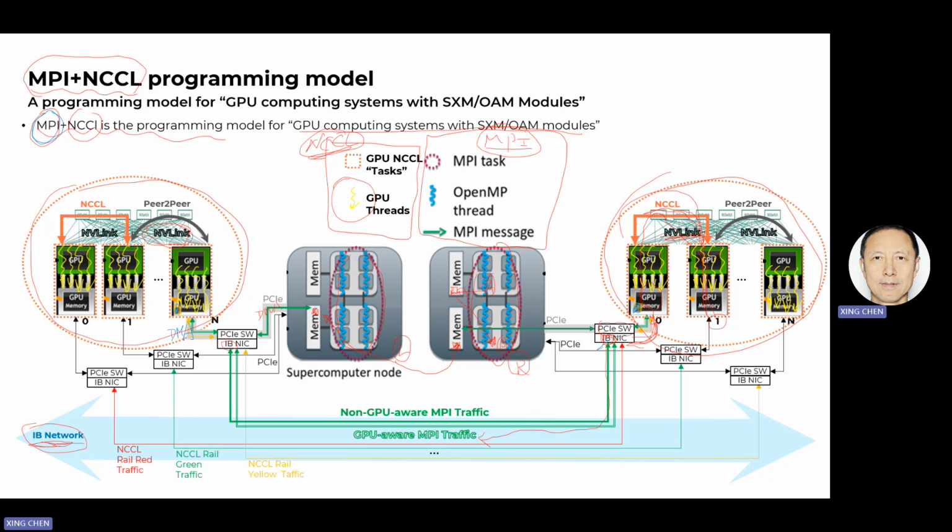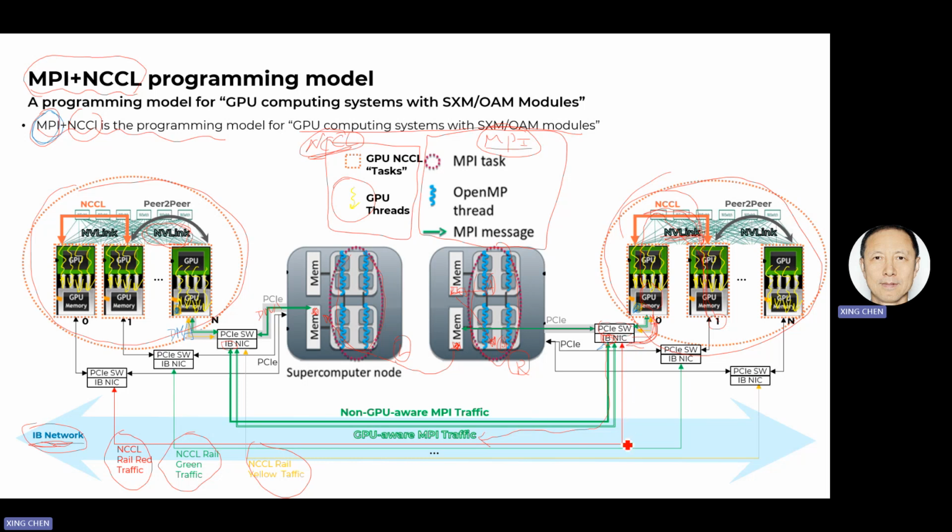Another thing I need to point out is that NCCL communication by nature is railed, meaning that the communications are grouped into rails. That means the communications won't cross the rails. That means this InfiniBand adapter won't communicate.